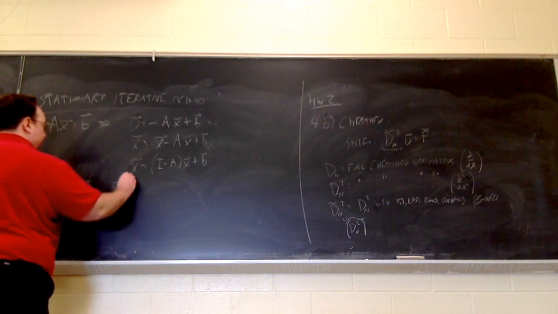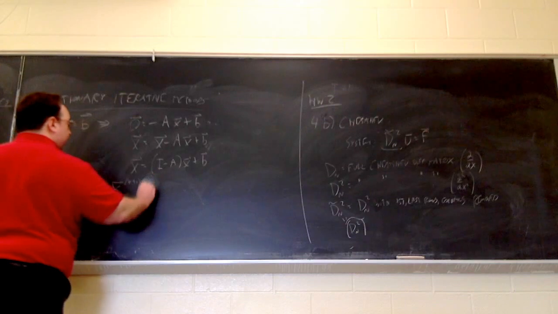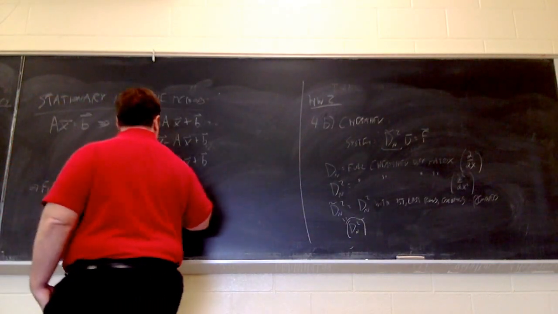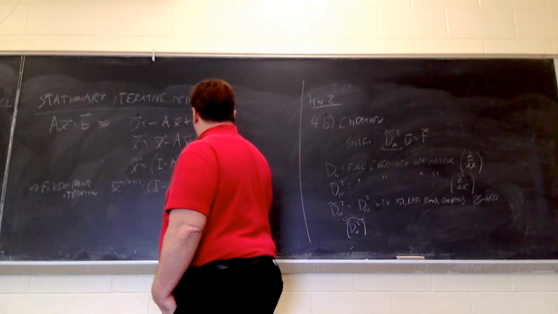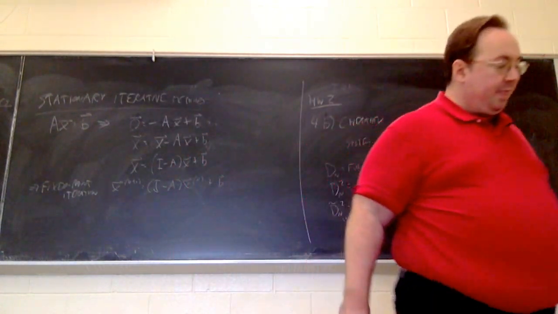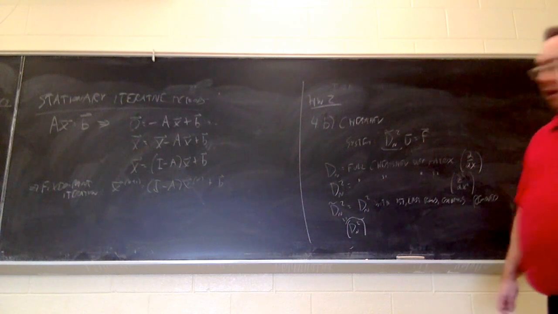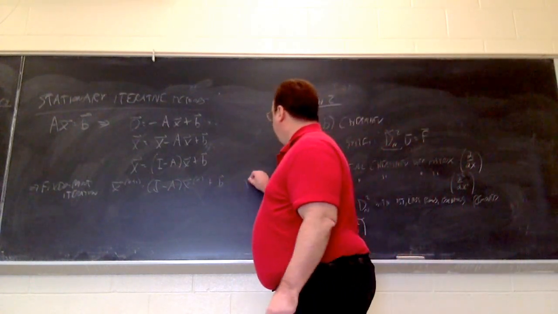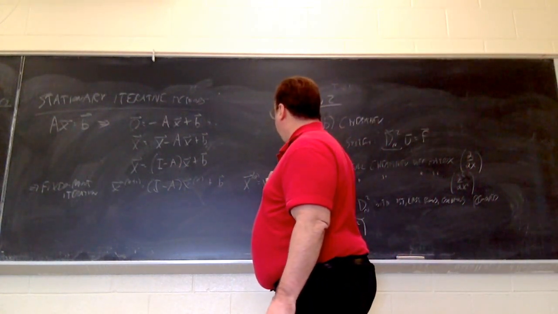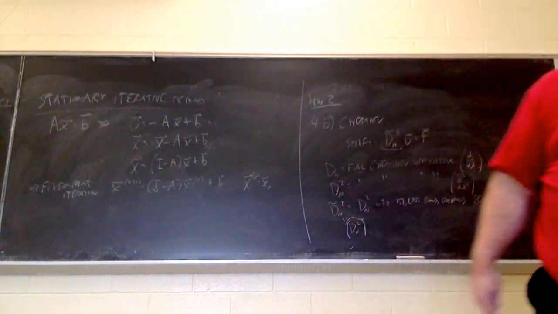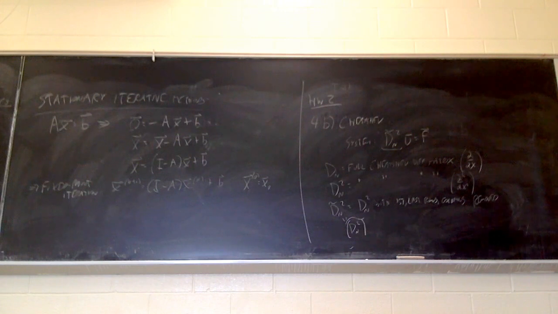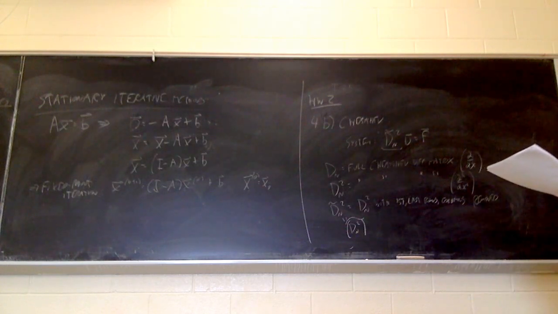So x_{k+1} is equal to (identity minus A)x_k plus b, where your first initial guess is some vector of your choosing. If you don't know what to choose, you can always choose 0. But if you have some approximate solution, then you should use that as your initial guess.